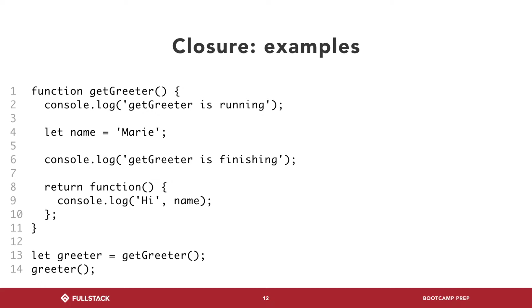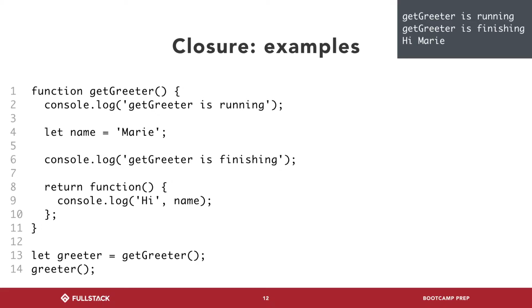Same exact function, except I pass in Francisco, and now it knows to only greet Francisco. Greet Dan, greet whatever. I can make multiple copies of this getReader function. I can invoke it multiple times, and each time I have a new scope with a new name, and I get back an anonymous function that knows only that name. So there are definitely a lot of practical applications, and you'll see that in the workshops for sure.